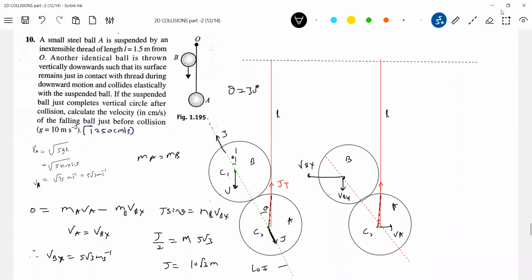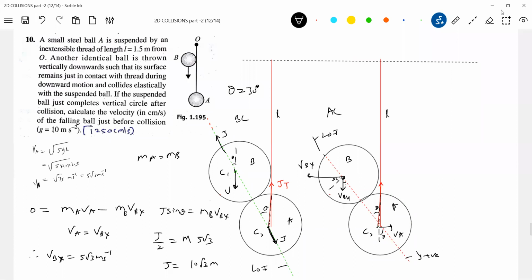Now, if I know this impulse, can I calculate the other thing? I don't know VBY. How to calculate VBY? Applying the coefficient of restitution along the line of impact. This is after collision. This is before collision. Then applying the coefficient of restitution formula. This is theta. This is theta. I want theta, no?